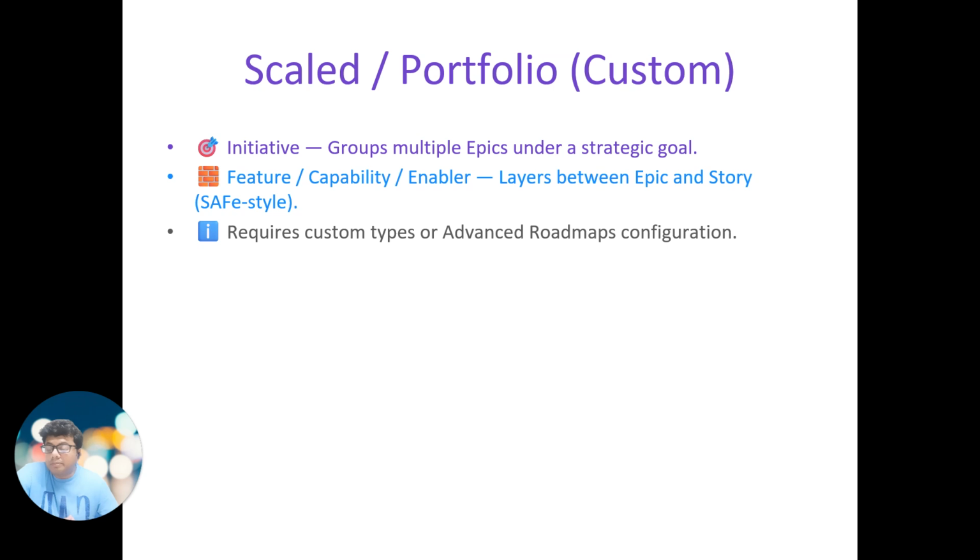So those are the enablers. For example, to create YouTube videos, you have to have this amount of servers in the AWS cloud. Those things can be considered enablers. So basically, these are layered between epic and story.